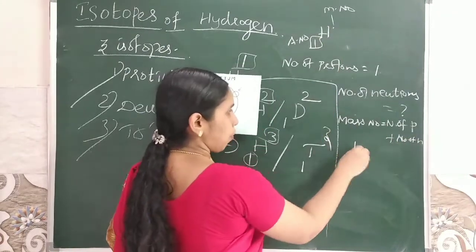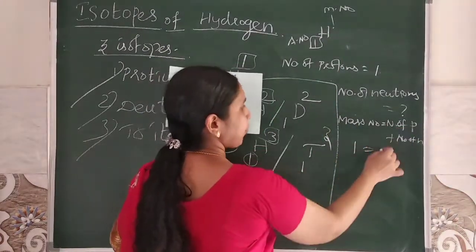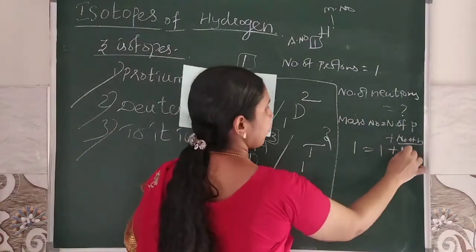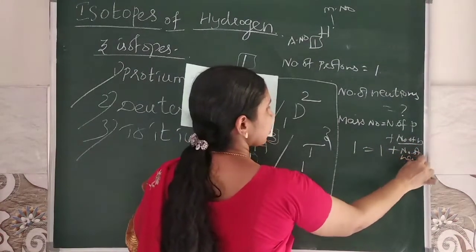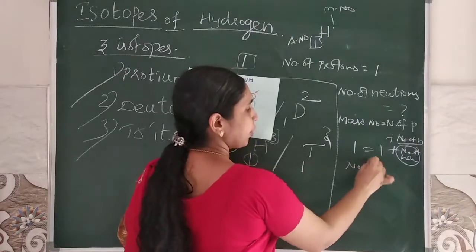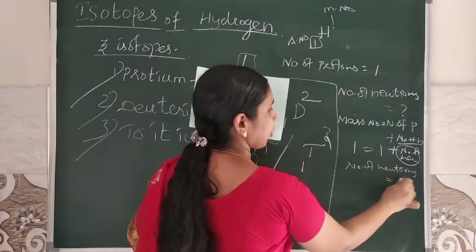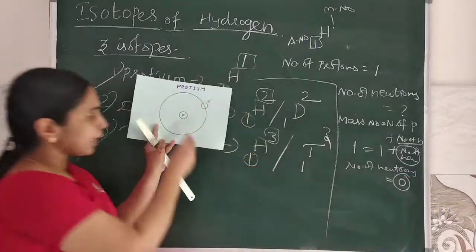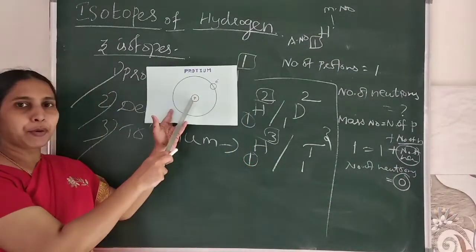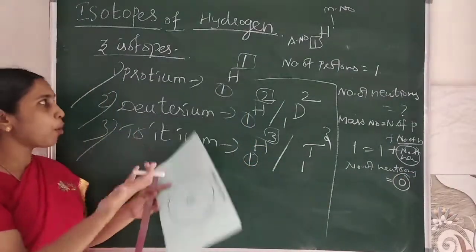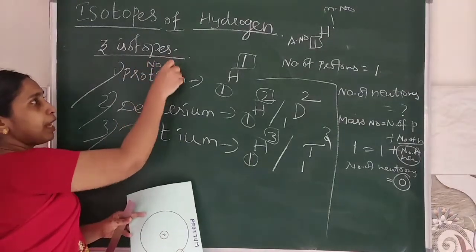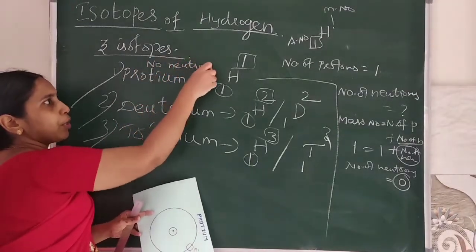Mass number is 1, number of protons is 1. Therefore, the number of neutrons is 1 minus 1, which is 0. So in protium, there will be no neutrons.